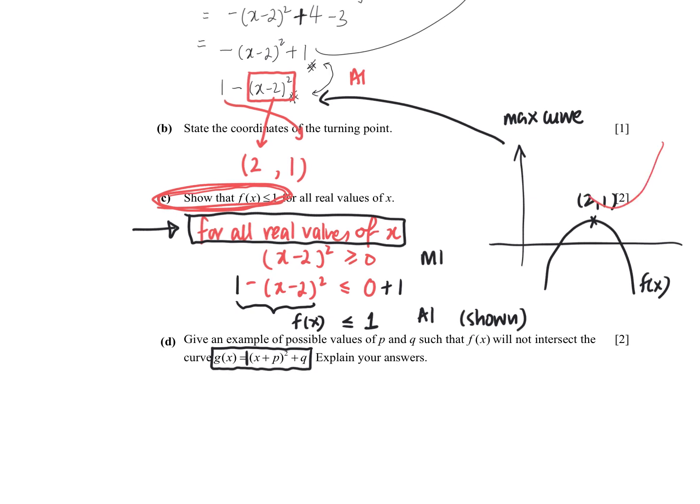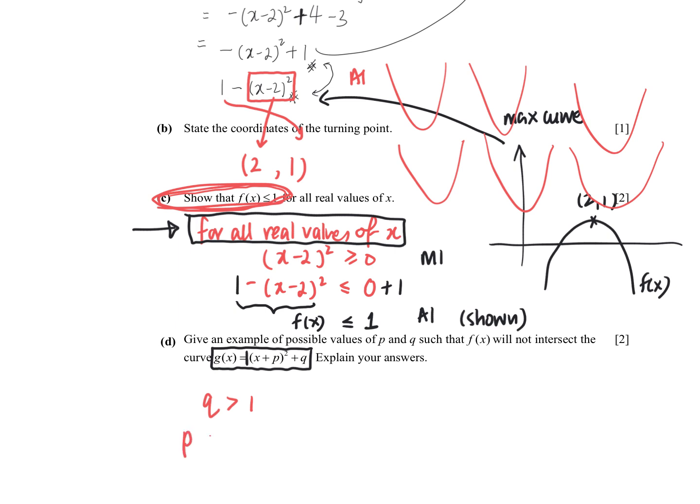It can be anywhere as long as it is above the highest point of your maximum point. So you pick any Q value that is greater than 1. So 2, 100, 150, any number you want. And then your X value can be anything.